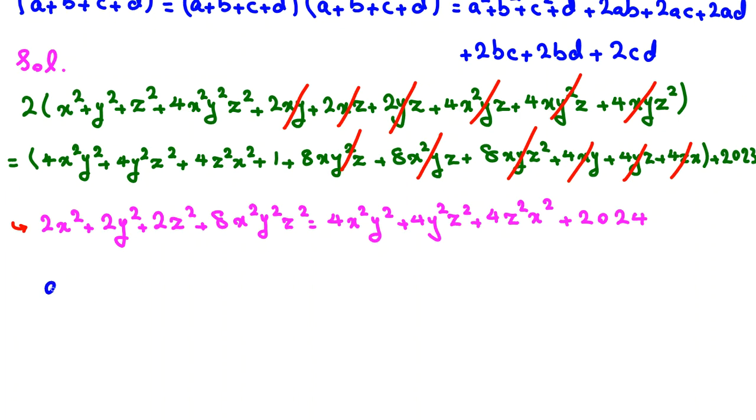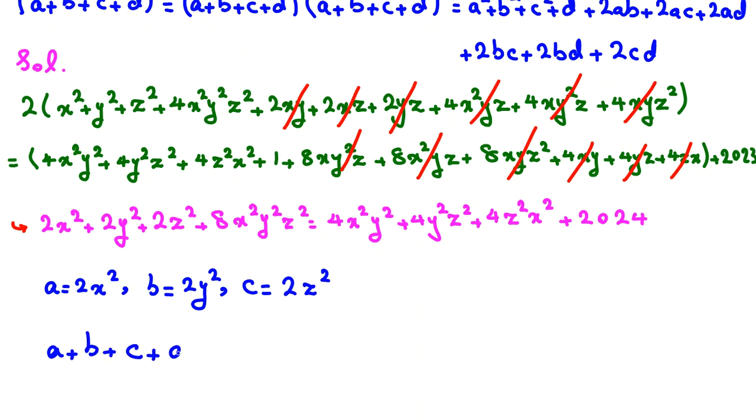So I consider A equal to 2x squared, B equal to 2y squared, C equal to 2z squared. If I write this, it will be A, the next one B, the next one C, this one ABC, this one AB, this one plus BC, this one plus AC, plus 2024. Okay.